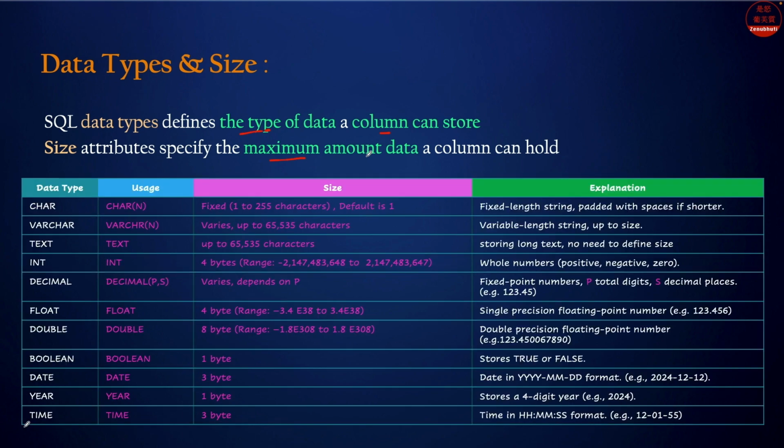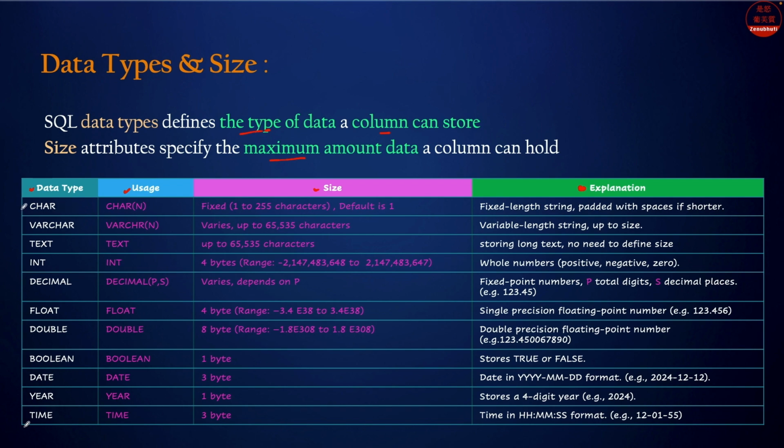Now, here we have different types of data types, and this is their usage in SQL, and what is the maximum size allowed for each data type, and this is the explanation. Here you don't need to remember everything in detail. Once we go through multiple SQL queries, it will be clear to us when to use what kind of data type.